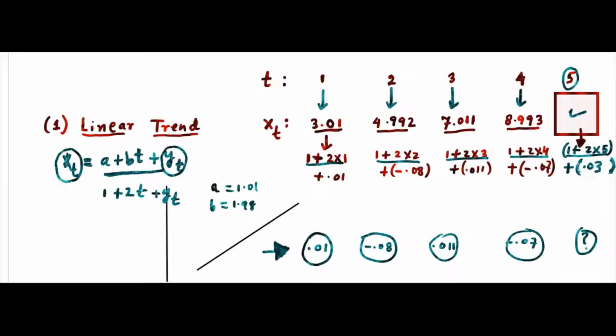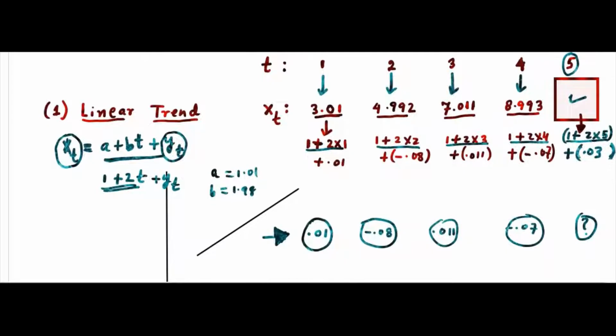You will not get exactly 1 and 2, because whatever the random shock or white noise is, it might not be the case. You will get some a and b, but the line I'm talking about, 1 plus 2t, might not be the line of best fit.